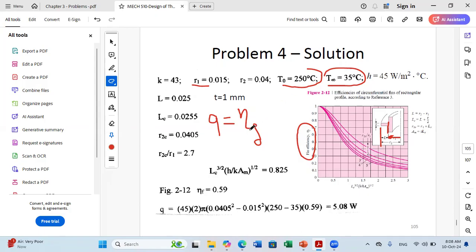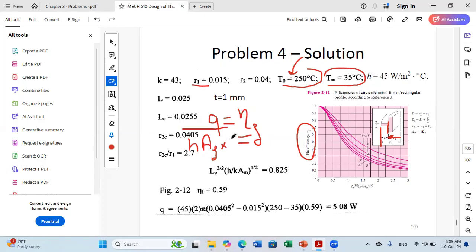The formula we developed together last time is that the fin efficiency is the actual heat loss over the maximum heat loss if the whole fin is at T_B, which is the temperature of the base, T0. That is, over the convective coefficient h times the frontal area of our fin times theta base.